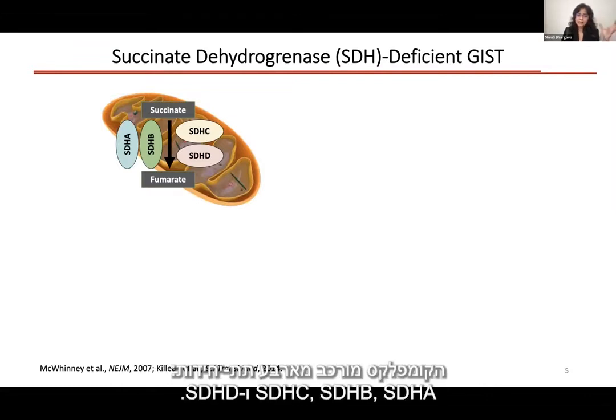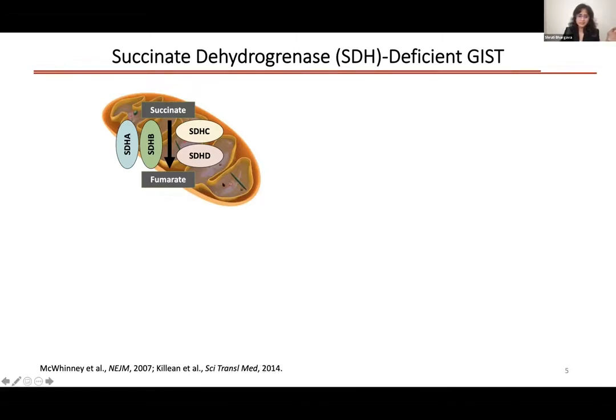The complex consists of 4 subunits, SDHA, B, C, and D. The main process that is catalyzed by this complex is the conversion of succinate, a metabolite in the cell, to fumarate. So the product of this reaction is fumarate, whereas the substrate being converted to fumarate is succinate.